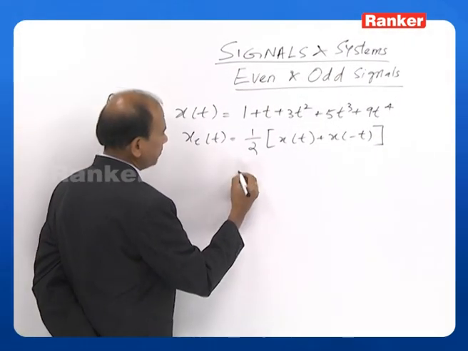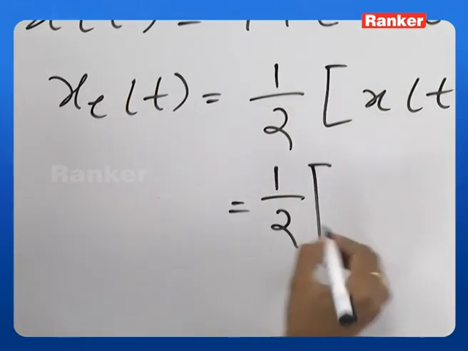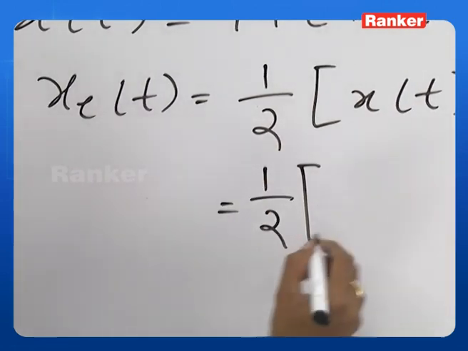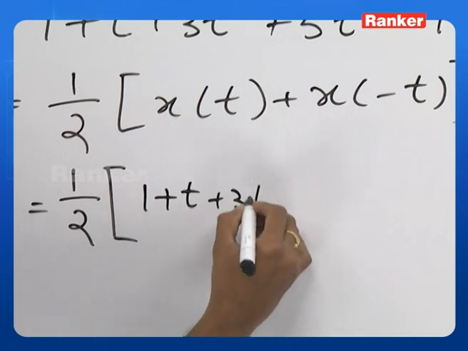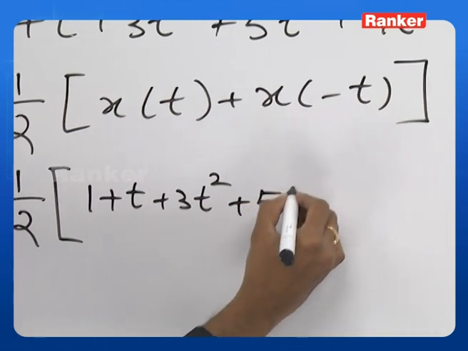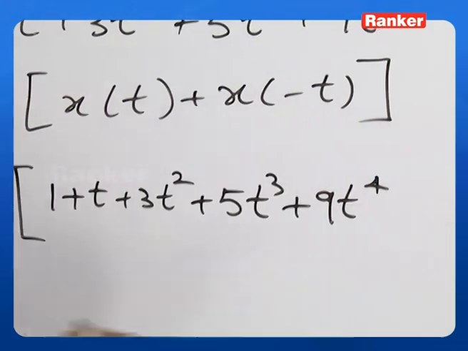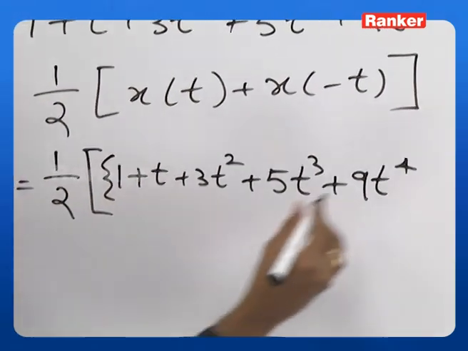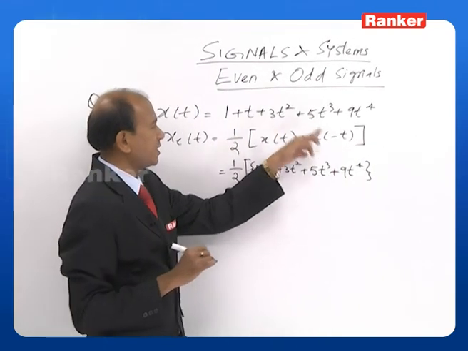So, let us break this again. This will be half of x of t as it is, 1 plus t plus 3t square plus 5t cube plus 9t to the power 4.